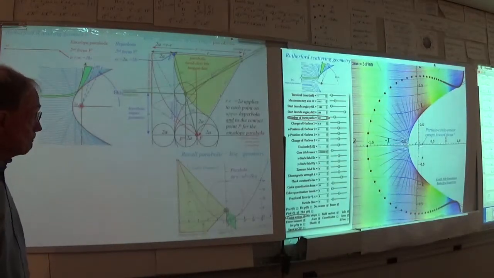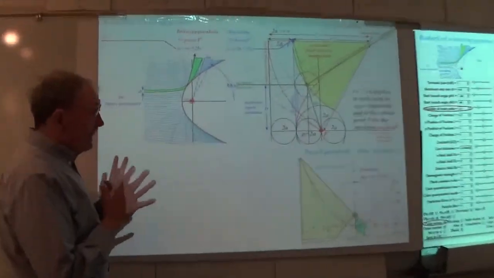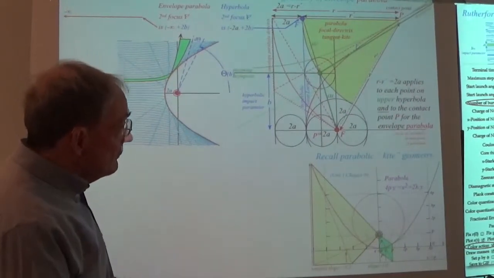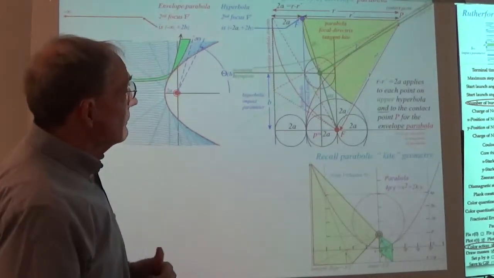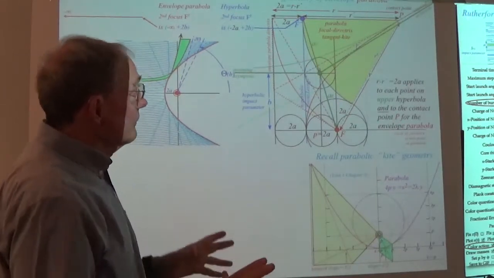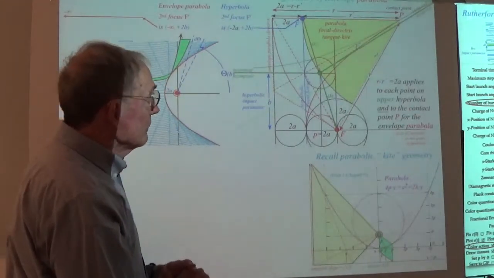Now, to analyze the envelope for this is not a trivial problem, but the hints that I give in there and these pictures should be enough for you to do it.